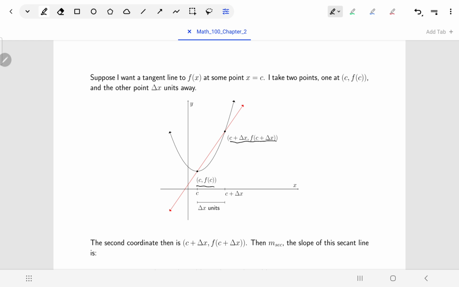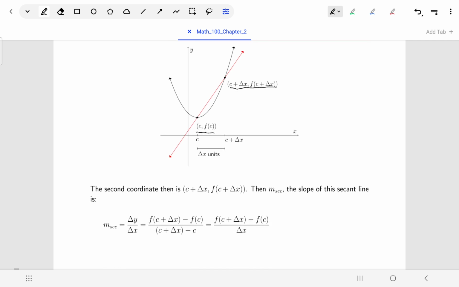That's my second point. So I've got myself my two points, and of course, if I wanted to find the slope of that secant line, I know that it's just the change in the y values divided by the change in the x values. So I've done my y value minus my other y value over my x value minus the other x value.